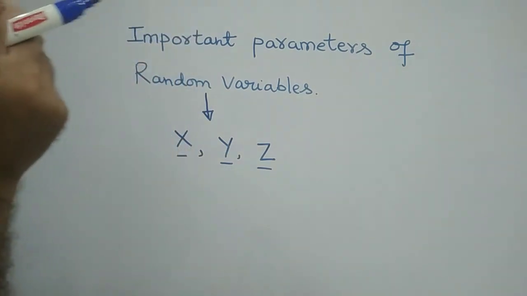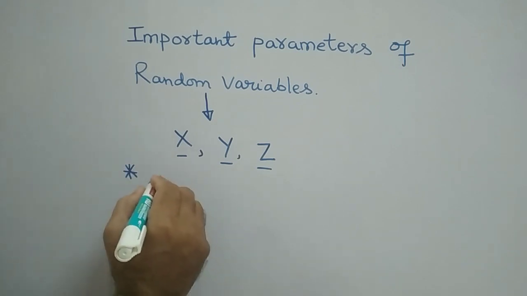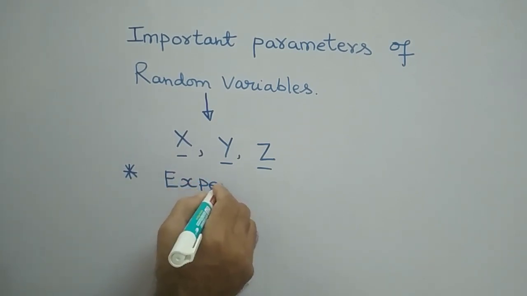The first one is very important, that is called the expected value. What is that?